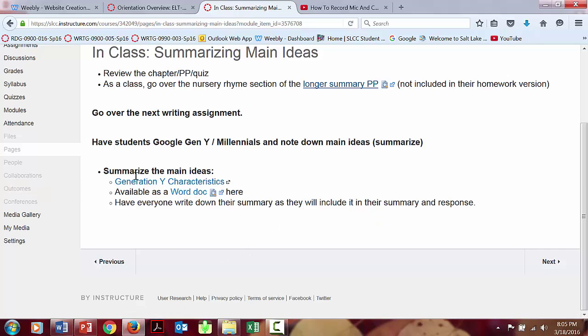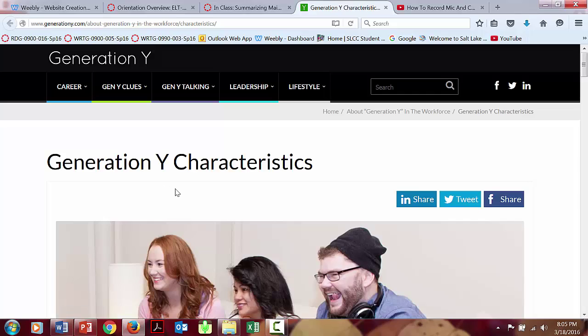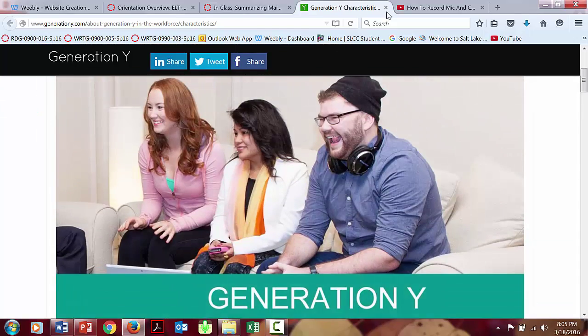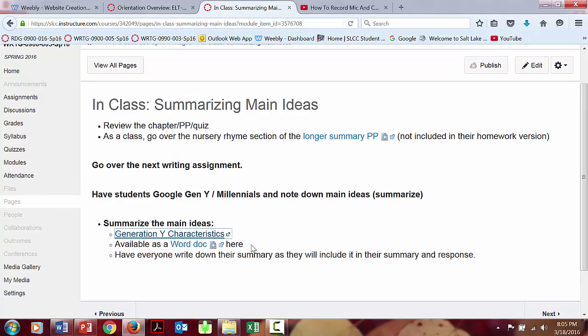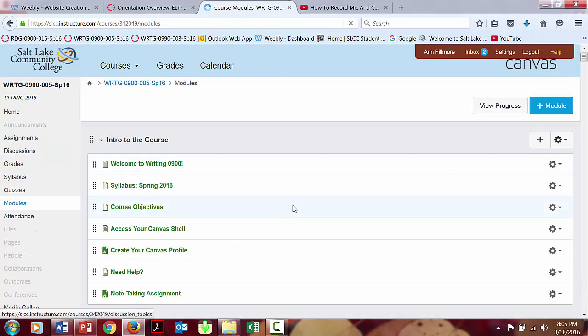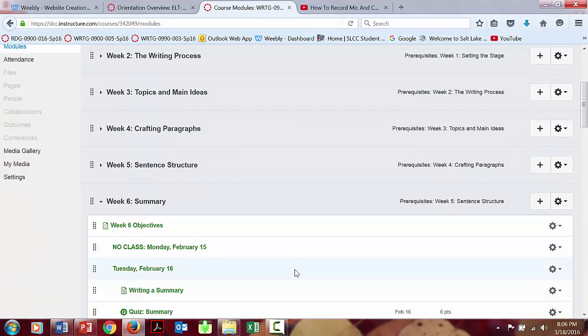Let me see if this is what the students did, or this is just some notes I have. Oh, this is just one of the resources we were looking at. Okay, so the students wouldn't see this, but this is just what we did in class. So that gives you an idea of how my Canvas shell is at least organized.